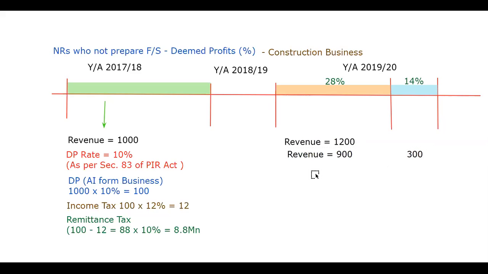Because they have taken a deemed profit approval to compute their assessable income, the deemed profit rate is 10% for both periods. No issue, 10% for both periods.